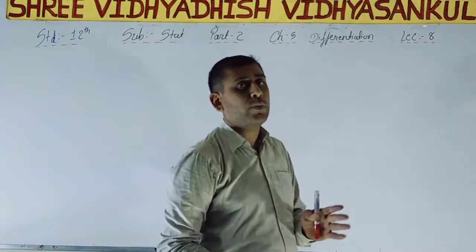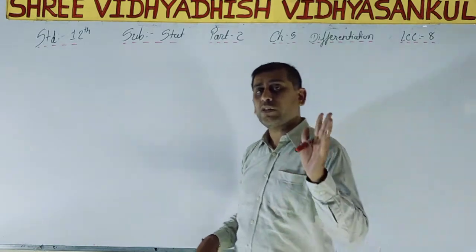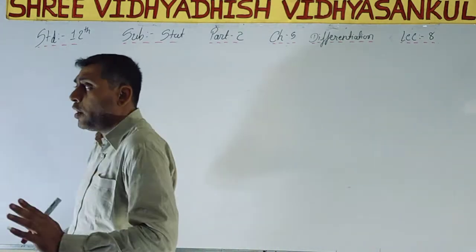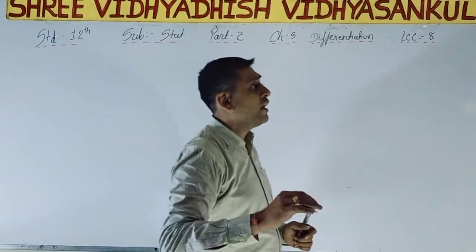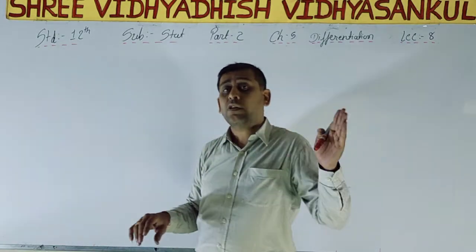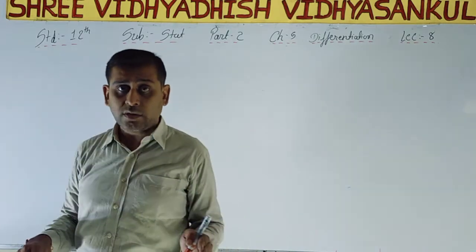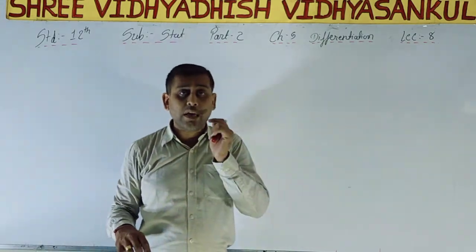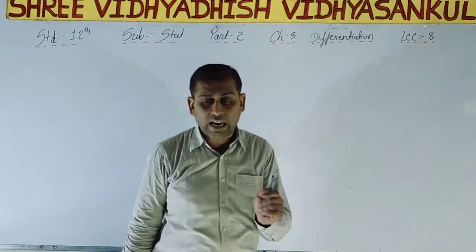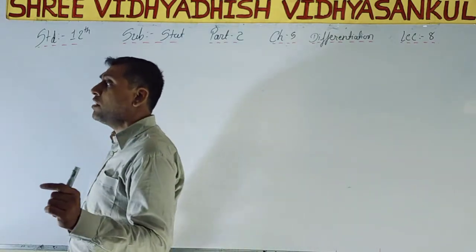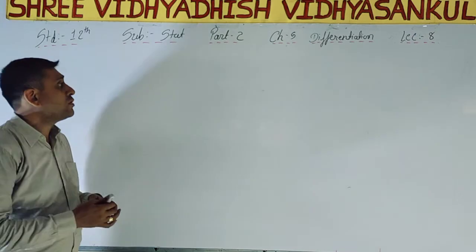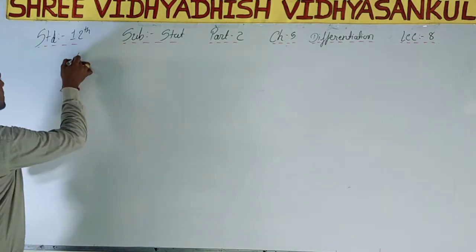Division rule, fourth method. And chain rule, that is the fifth method. Then the second order derivative is the sixth method. Now see here, method number 7.